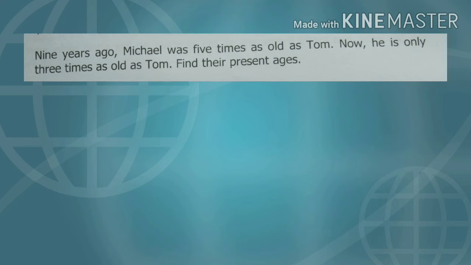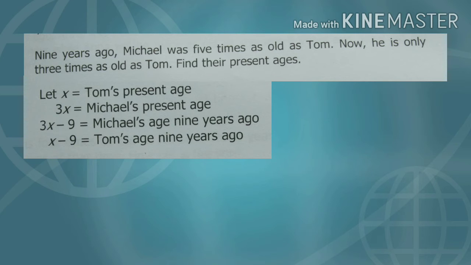So we let x be Tom's present age. So Michael would be 3 times as old as Tom, so Michael would be 3x. From the other statement, 9 years ago, Michael was 5 times as old as Tom.